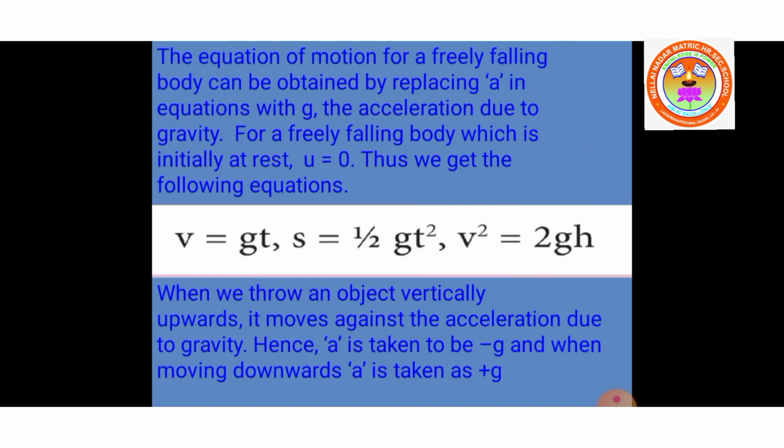So for the freely falling body, the equation of motion can be obtained by replacing a with g. In the equations of motion, the acceleration is noted by the letter a.